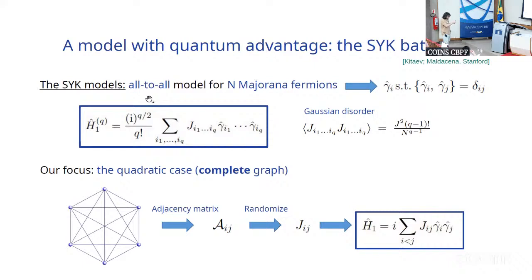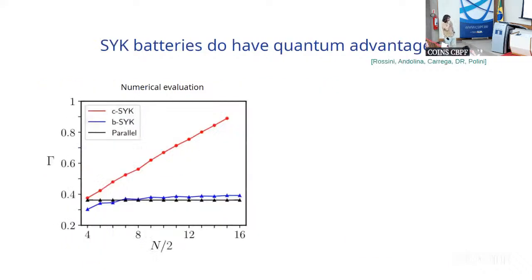So given this preliminary, around 2020, I think, we were able to show that indeed, if you charge your n over 2 qubits with an SYK Hamiltonian, the one that I showed before, and by doing a numerical exercise, compared to the parallel case in which the advantage is non-scaling with n, we had a clear and robust advantage in the charging power.